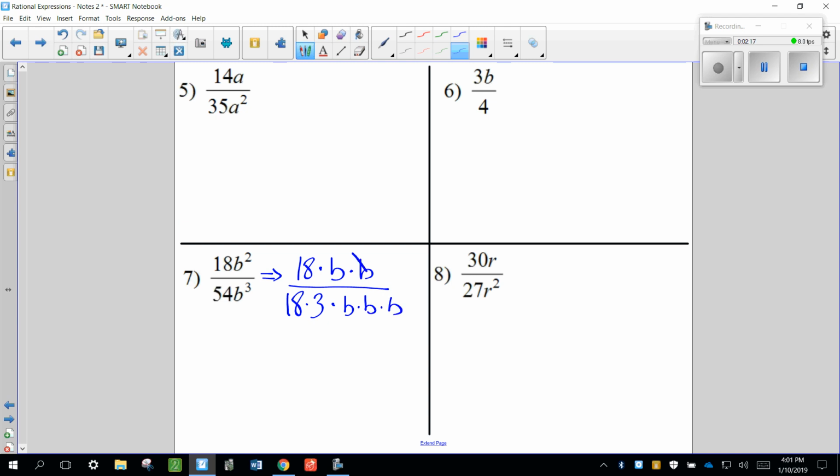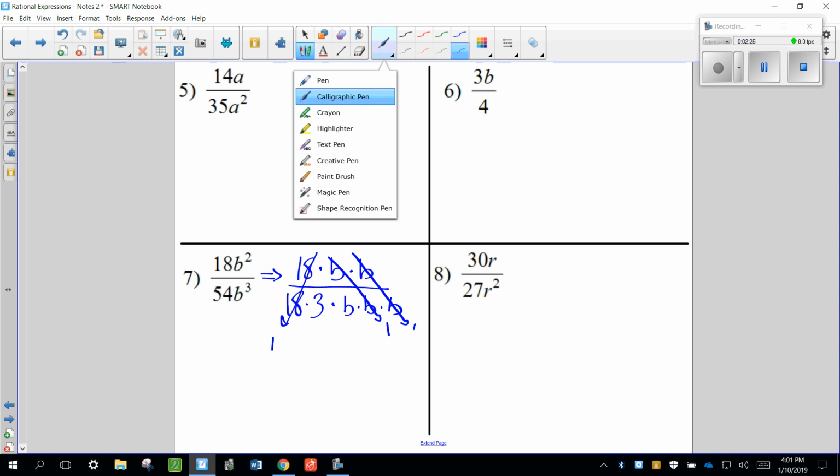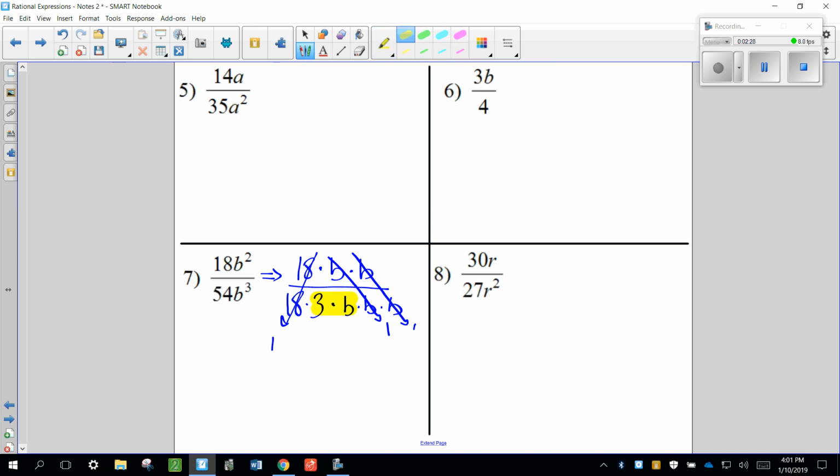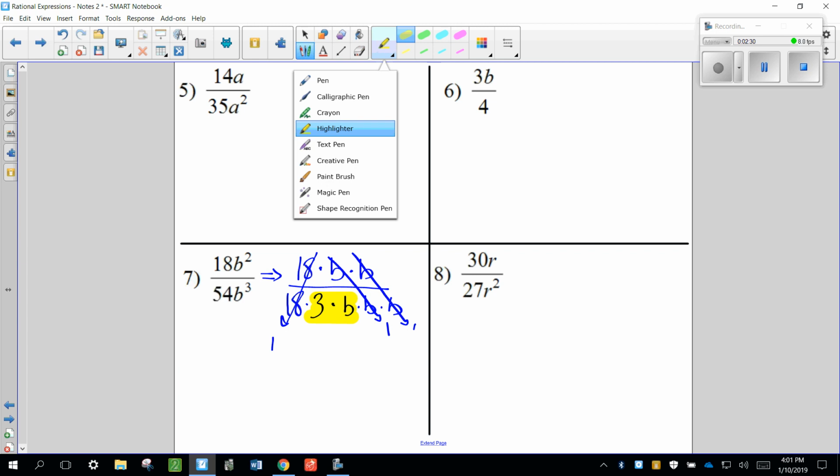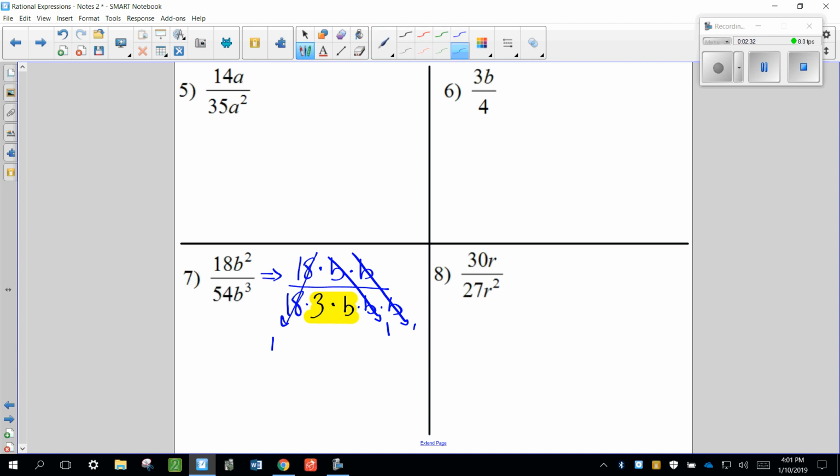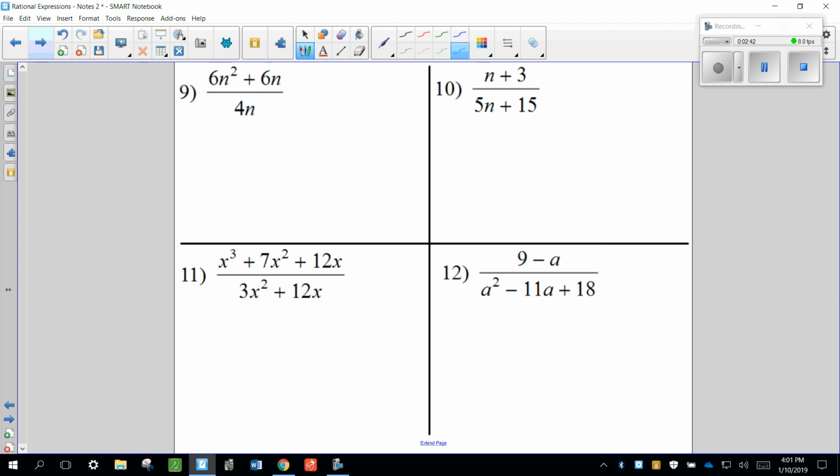Okay? So b divided by b is 1. b divided by b is 1. 18 divided by 18 is 1. And all that we're left with is 3b, but it's in the denominator. Since it's in the denominator, that means we have to write it as a fraction, 1 over 3b. And we're done with that one.